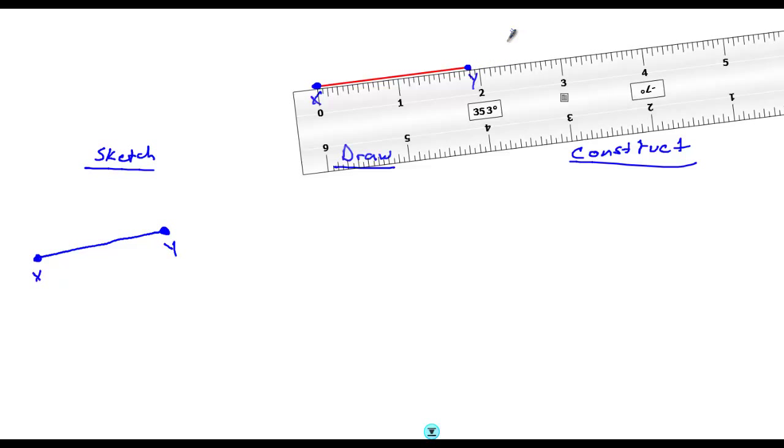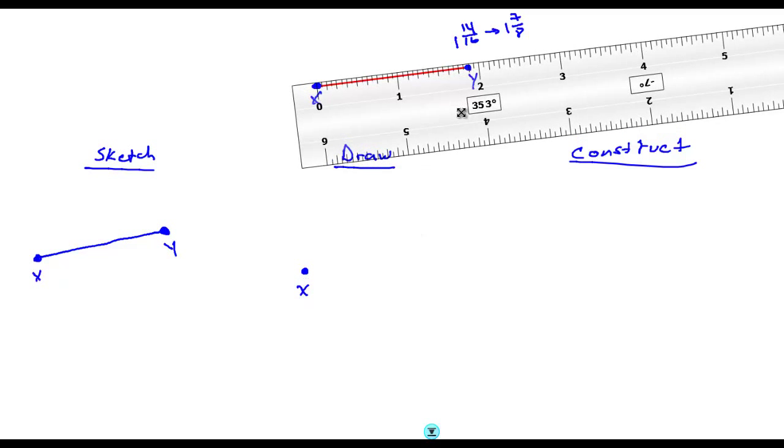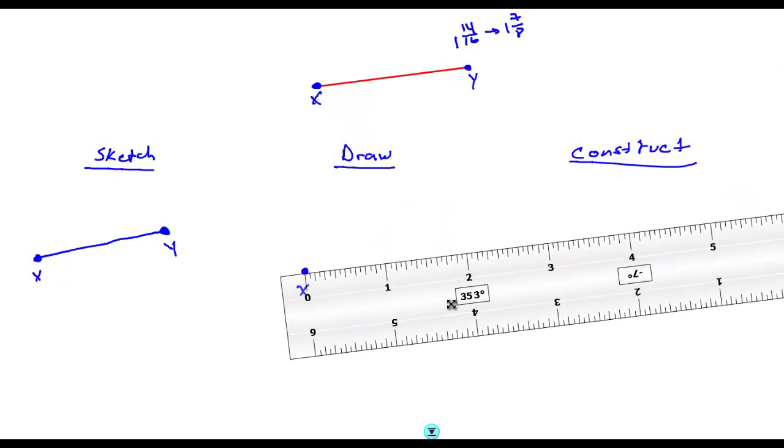So 14. This is 1 and 14/16, which you should know that's 1 and 7/8. Okay, so this segment XY, so from X to Y, is going to be 1 and 7/8.